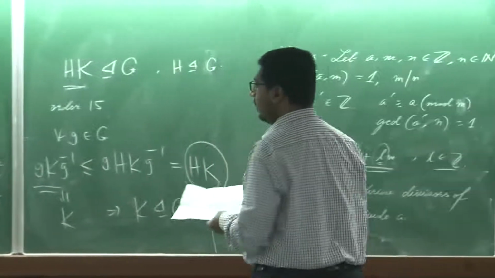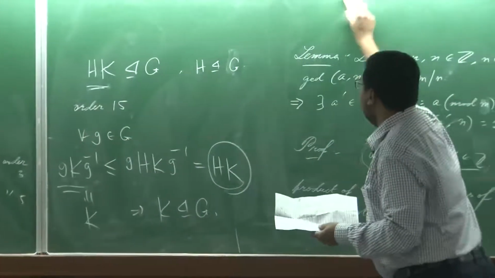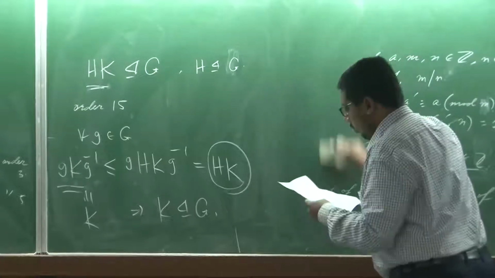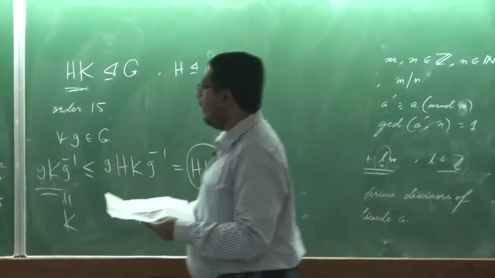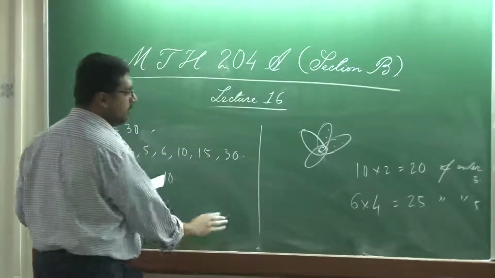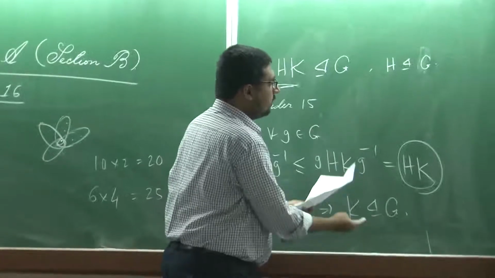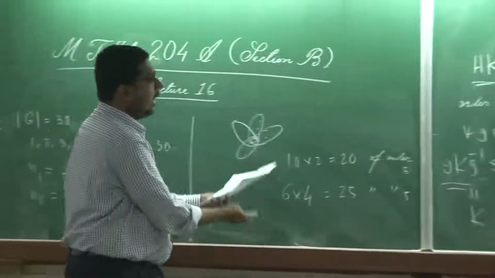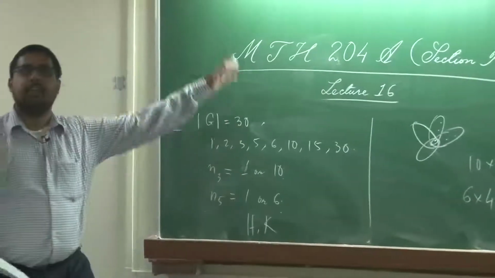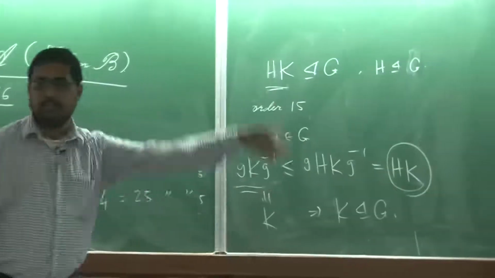Okay, so this shows us what happens when the group has order 30. Next, talk about groups. Like here I haven't completely classified the groups of order 30. This is just using Sylow's theorem, we are extracting this much of information. Again I will get back to groups of order 30 in some later lecture, where using this information we will be completely classifying that.